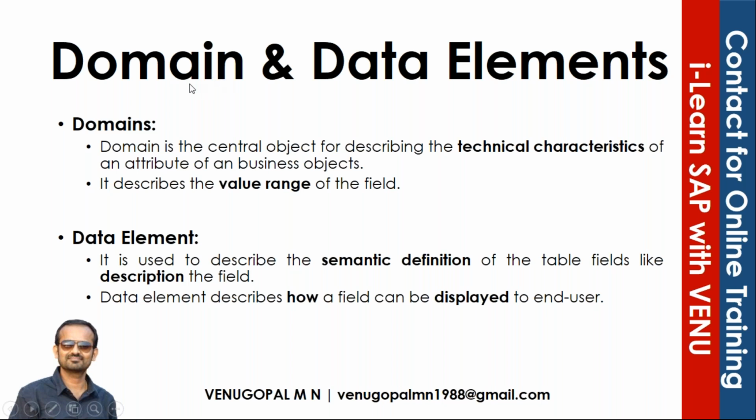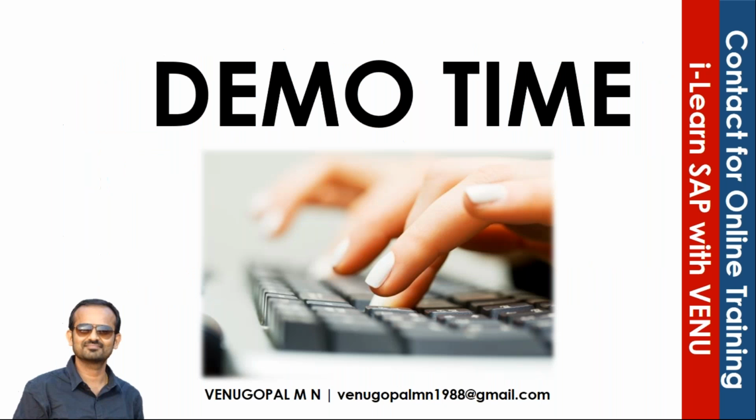Then we saw the definition of domain and data element. Domain predominantly defines the technical characteristics of a particular field. Data element defines the semantic information related to a field, for example how a field can be displayed or the description of a field. Then we saw the demo of creating the table from SE11.